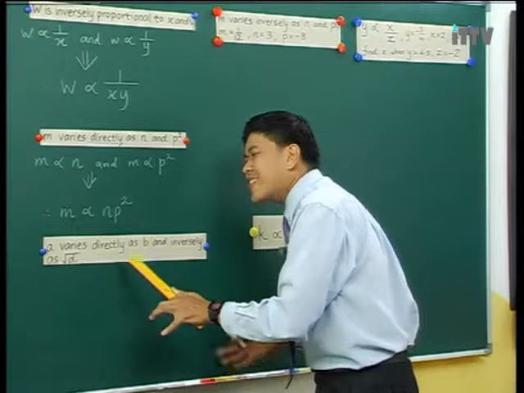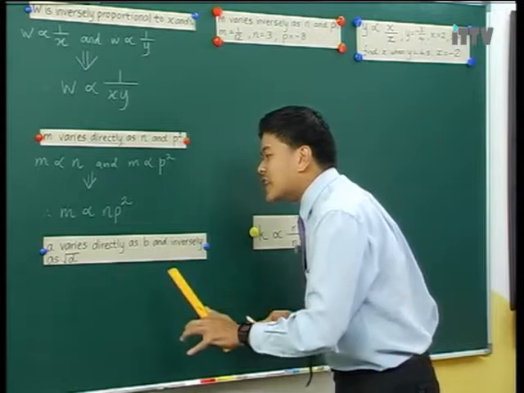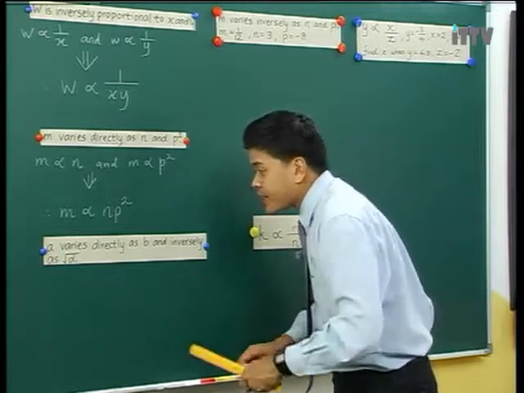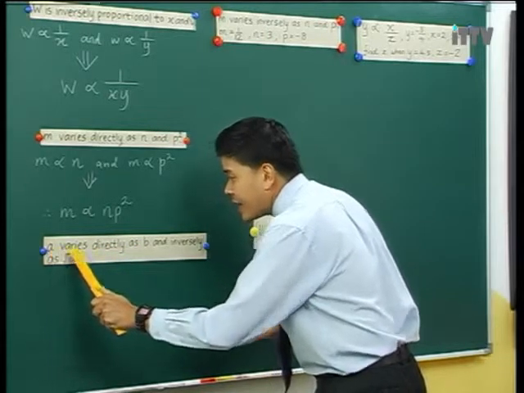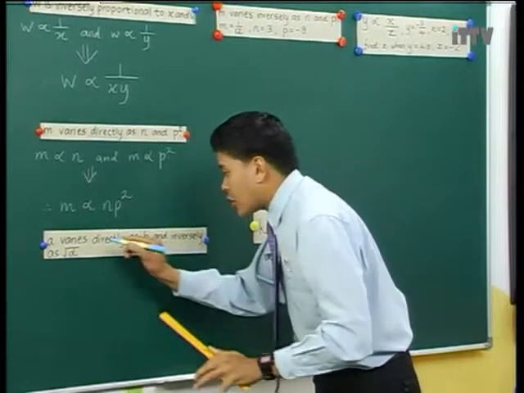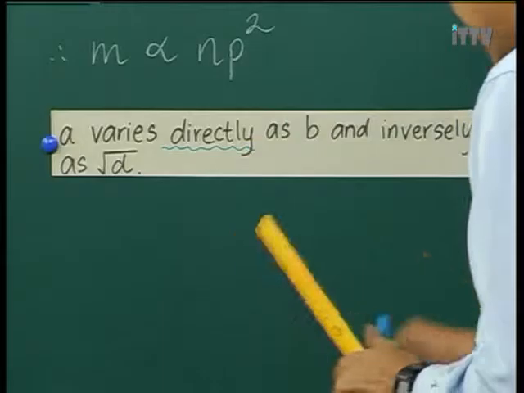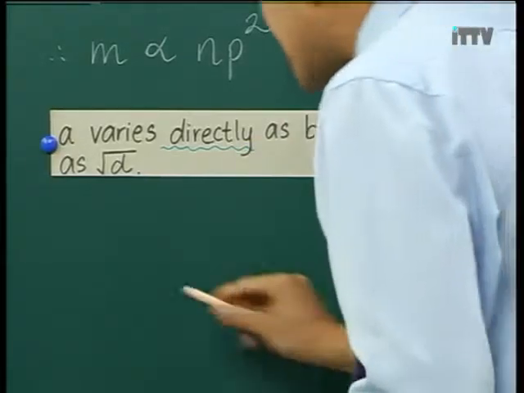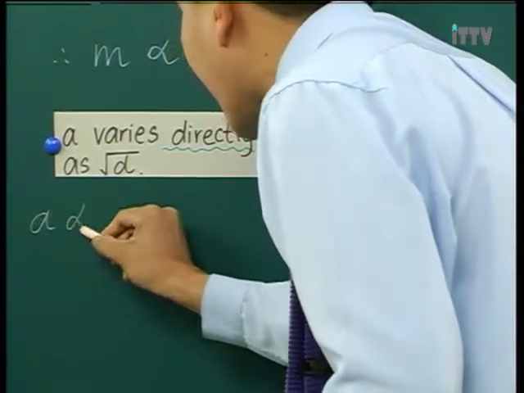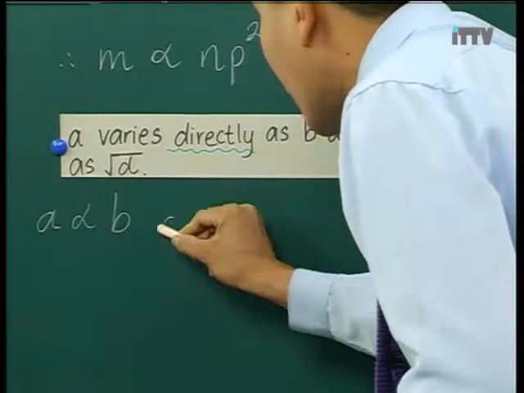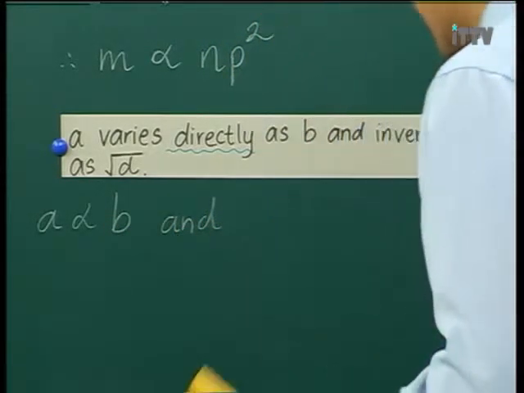Now we have the third type, which is a combination of one direct variation and one inverse variation, where in this example, A varies directly as B. I'm going to write it first, because it is a combination. So A varies directly as B. What about the second variation?